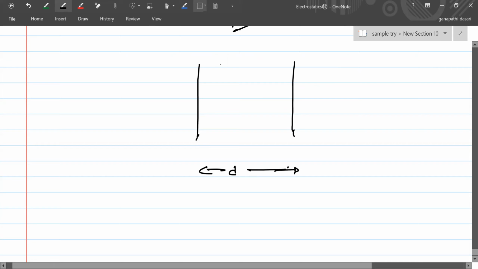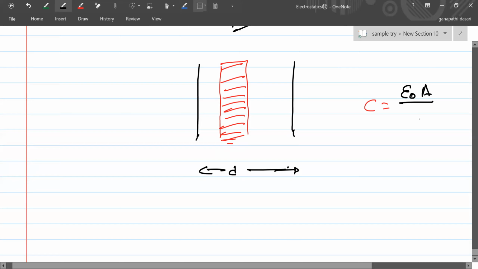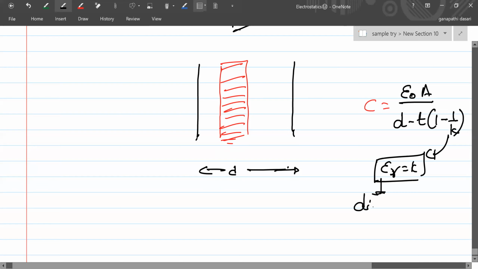Now if a material is partly filled, irrespective of where the material is present between them, the new capacitance will be epsilon naught A by d minus t into 1 minus 1 by K. This K is equal to epsilon R, the dielectric constant of the material inserted.